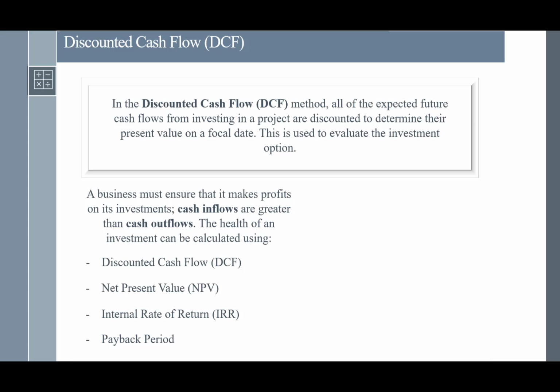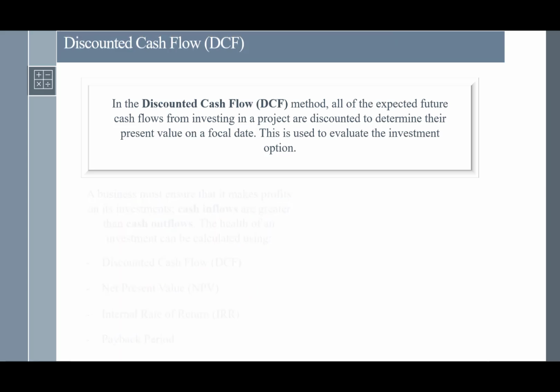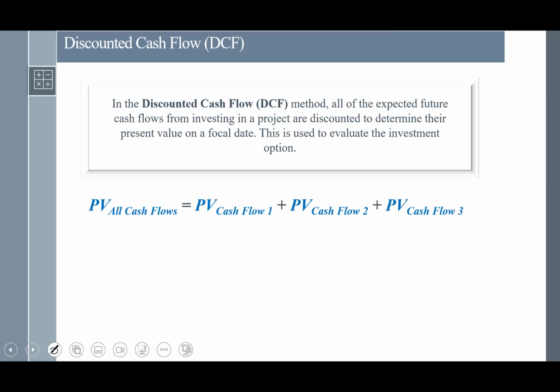They also look at the internal rate of return and the payback period. We're going to look at only two things in this video: the discounted cash flow and the net present value. Okay, so what's the discounted cash flow? What's the net present value?